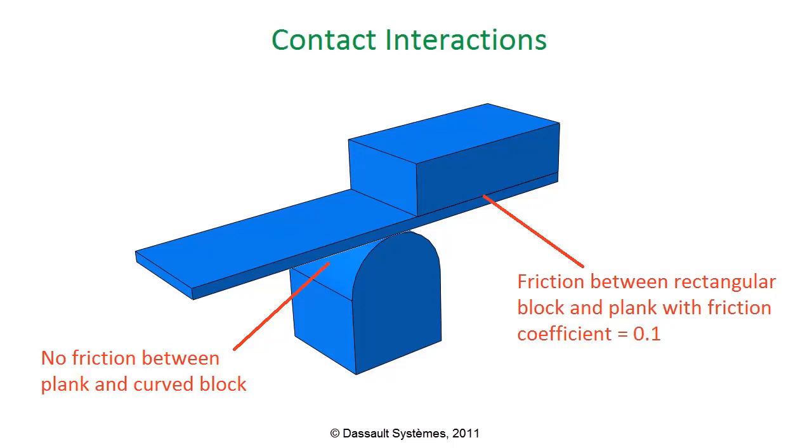Individual contact interaction property assignments can be specified for surface pairs that should not use the globally assigned interaction properties. We will do this for the contact between the curved block and the bottom of the plank. Since we are only going to have contact in two regions of the model, essentially we will have made one contact interaction frictionless and the other frictional, thus creating the same setup we had in the contact pairs tutorial.